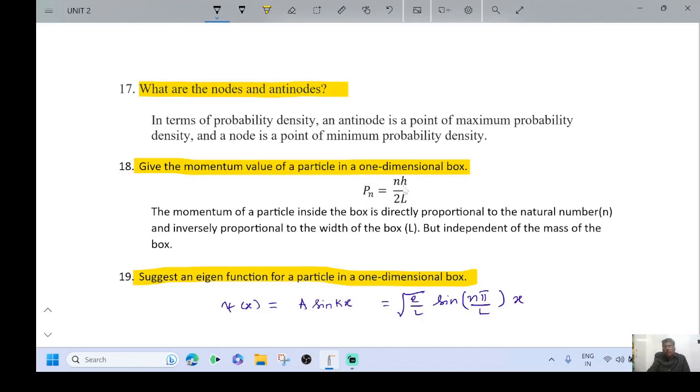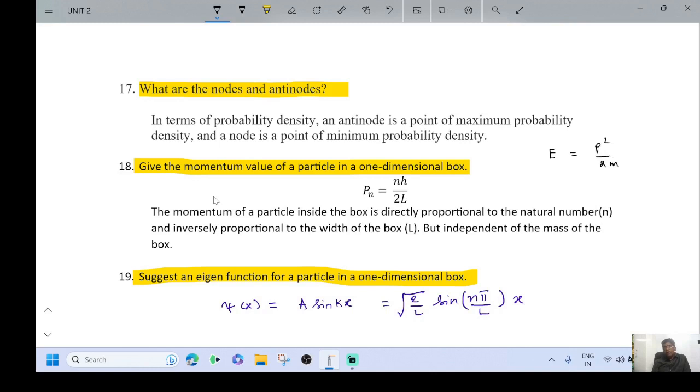Give the momentum value of a particle in a one-dimensional box. P n equal to n h by 2L is the value of momentum. So here, for a free particle, E equal to p square by 2m.